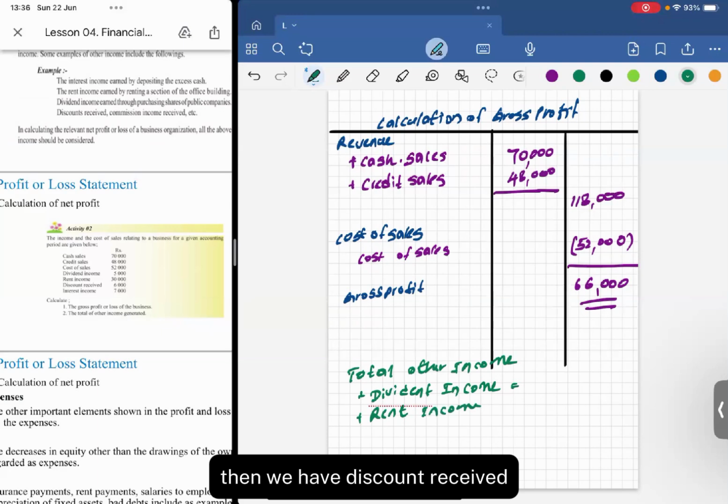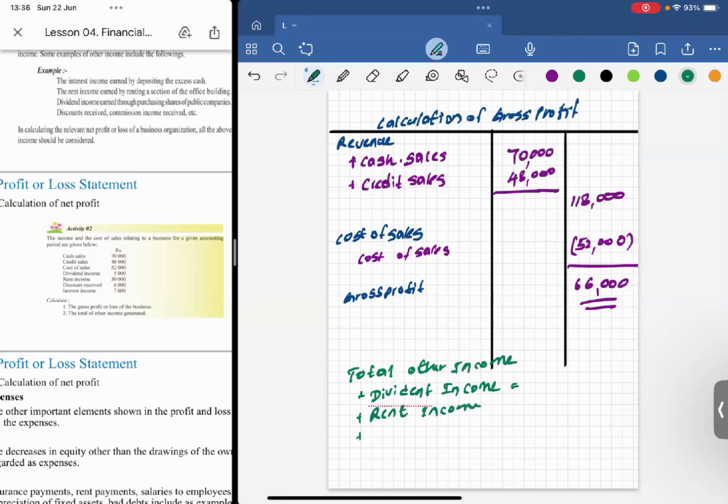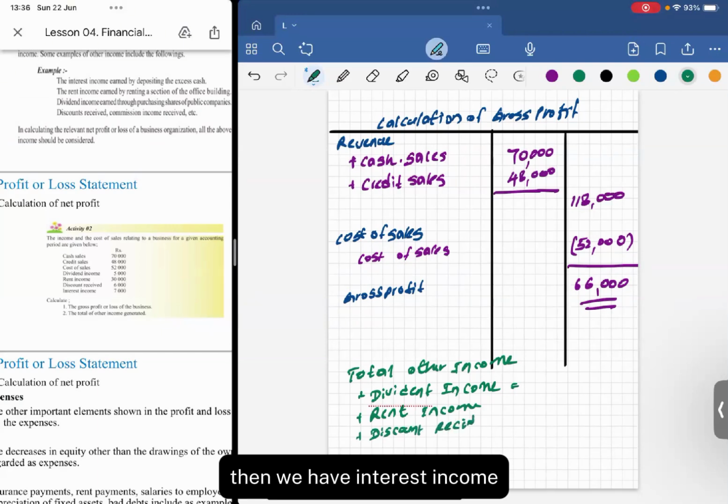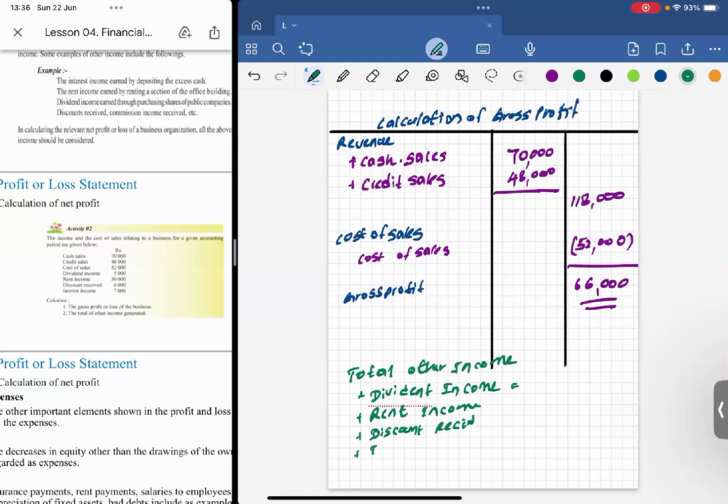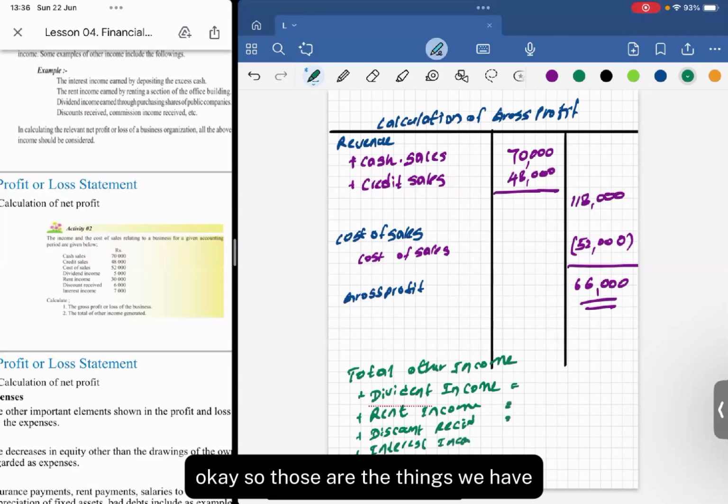Then we have rent income, then discount received, then interest income. Those are the things we have.